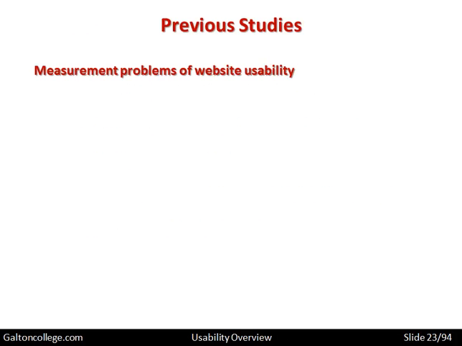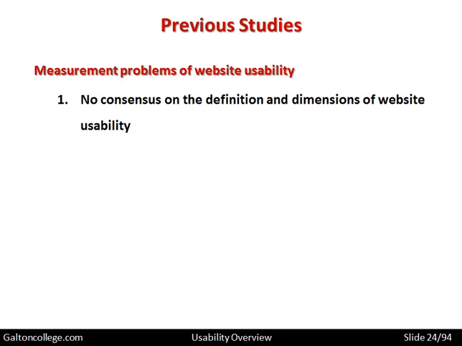Now, there are some previous studies. Well, measurement problems, for example, of website usability. There's no consensus on the definition and dimensions of website usability. There's no hard and fast rules here. We don't measure usability with an index and say, well, if it's 42, then it's a bad site, or if it's 91, it's a good site.